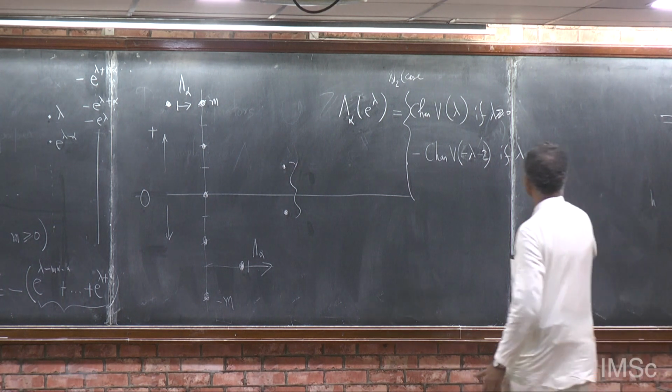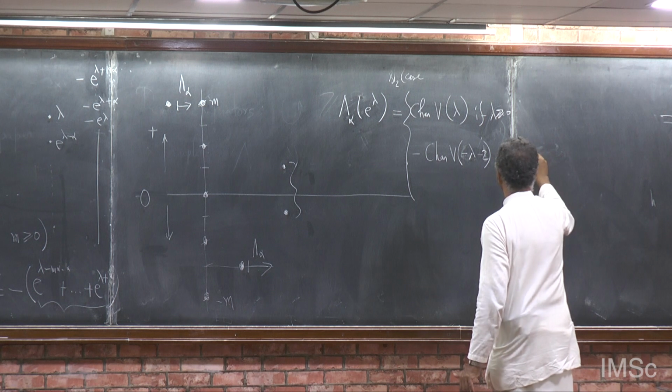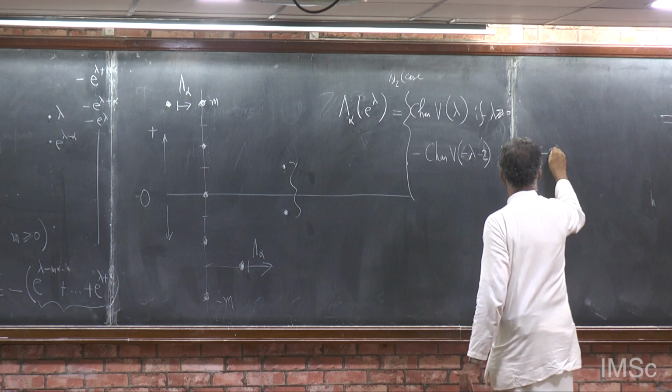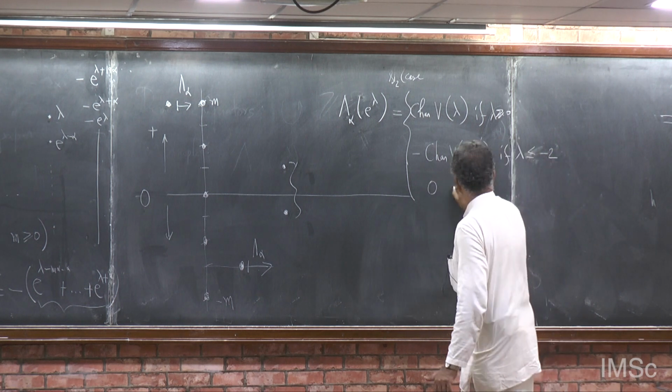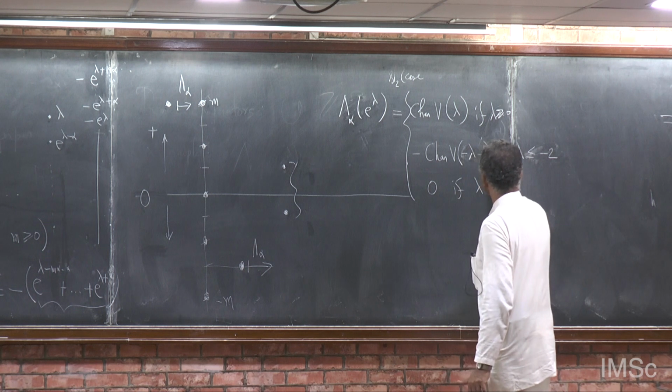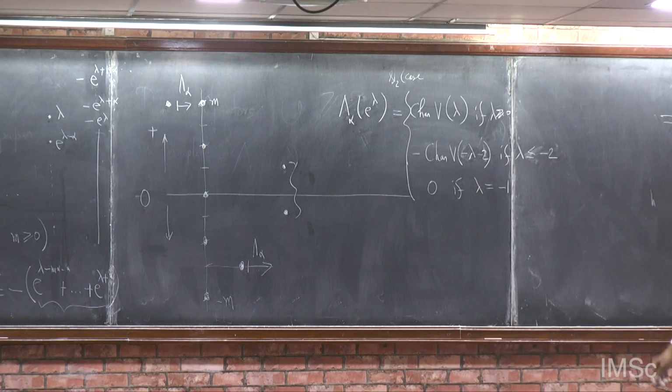So let me change this to lambda less than or equal to -2, and 0 if lambda equals -1. You can check this.